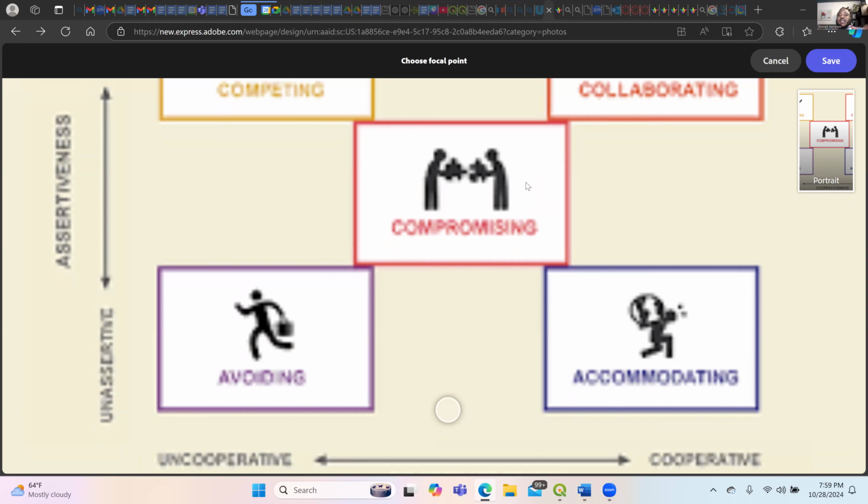And then compromising again is in the middle of everything, the compromising fox. And then on the right, you have the accommodating teddy bear or the collaborative owl, right? In the middle, you have that compromising fox. You get some, I get some, we're good.